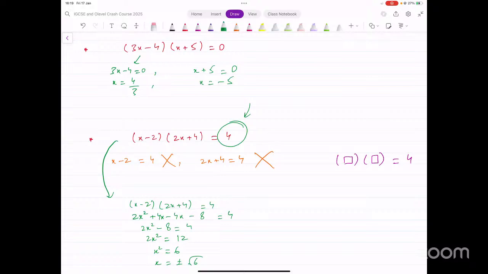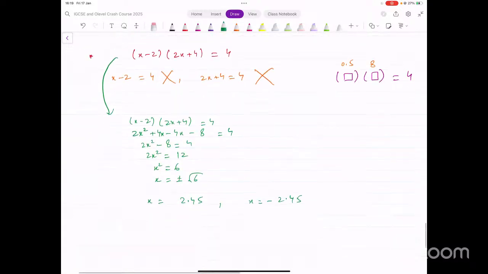In this case, we cannot say that x minus 2 is equal to 4 and 2x plus 4 is equal to 4, because it's not necessary for one of these numbers to be 4. If the product is 4, we can think of a number of other examples that will give us 4 when multiplied, in which none of them would be 4. For instance, if I multiply 0.5 and 8, that also gives me 4. So it's not correct to assume that any one of them has to be 4 necessarily. So we can't solve equations like these directly.